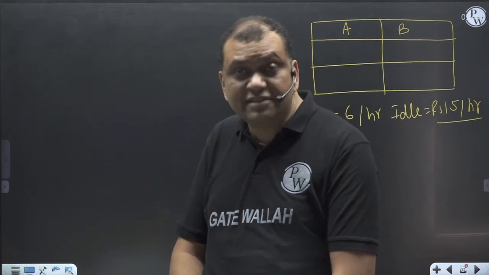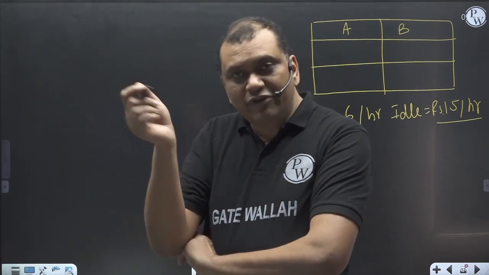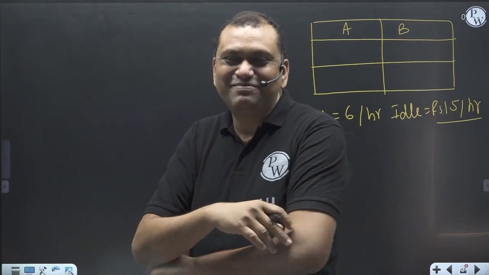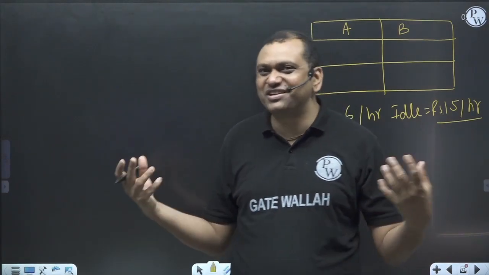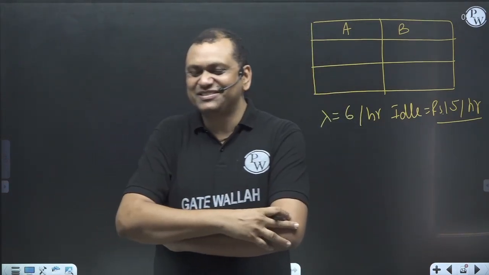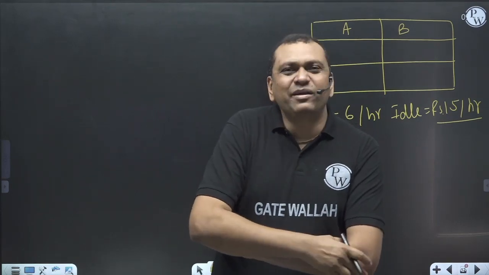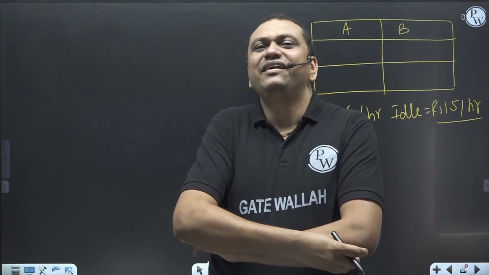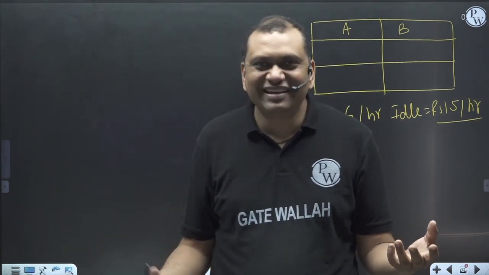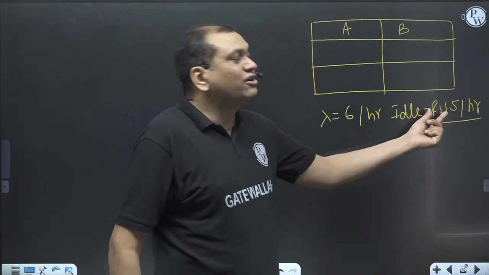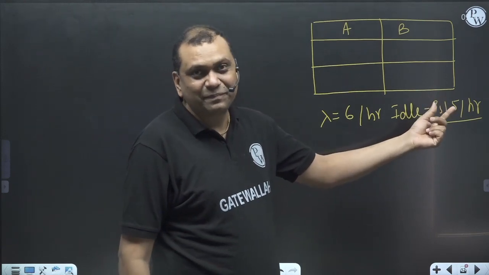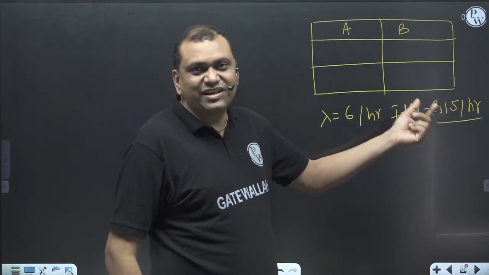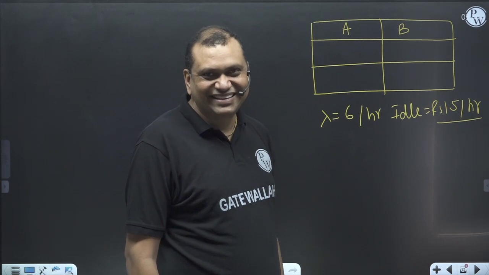There are a lot of details in this question. The first two questions were easy, warm-up questions. When the machine is down, it is not producing anything, and that is costing us 15 rupees per hour.